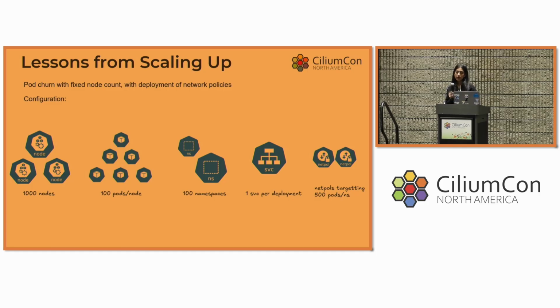I scattered these pods amongst 100 namespaces, and I varied the deployment sizes, so I had big, medium, and small deployments. Each deployment had a service associated with it. Big deployments had, I think, 250 replicas, medium with 100 replicas, and small with 10 replicas. And then, for the fun of it, I dispatched network policies. These network policies target about 500 pods in every namespace, which, if I'm remembering correctly, is about half the pods in the namespace.